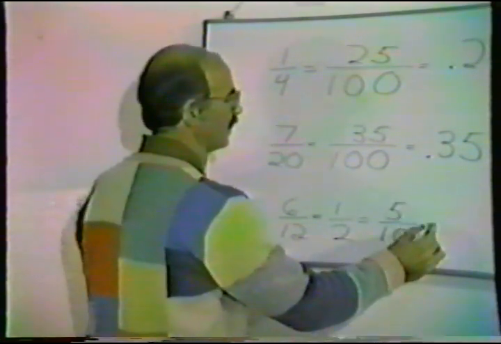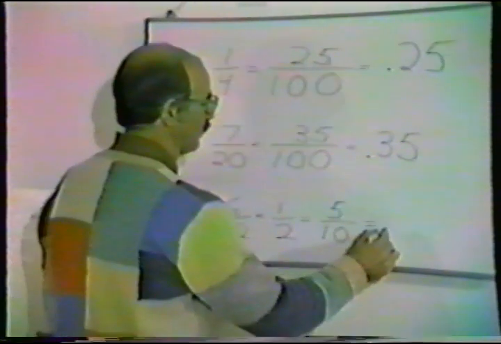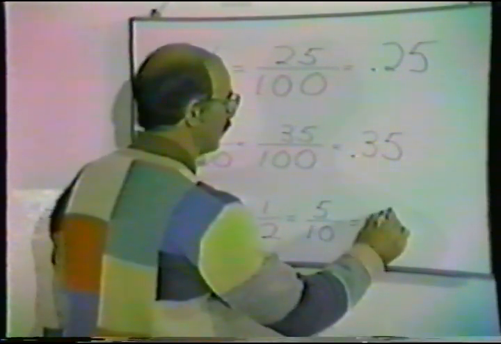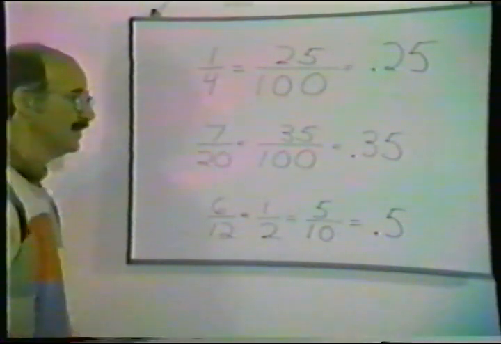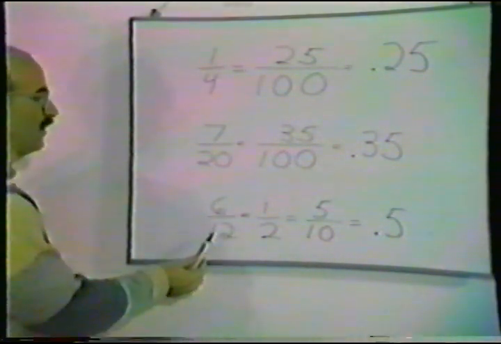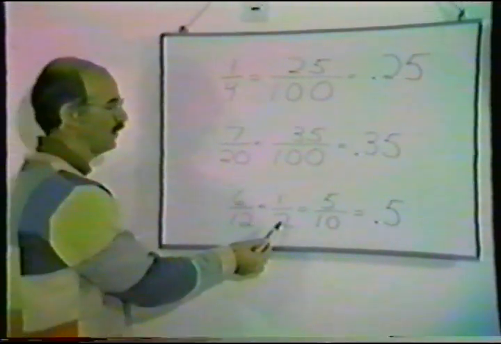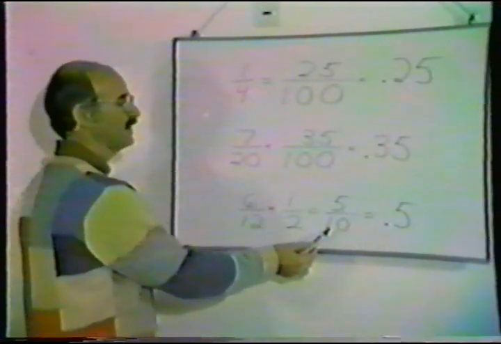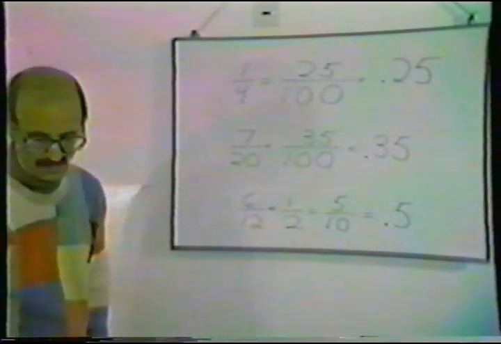Now read that fraction, 5/10, which we will write as a decimal, .5, and read 5/10. We reduced it down to 1/2, then we raised it up to 5/10, so we could make it into a decimal.